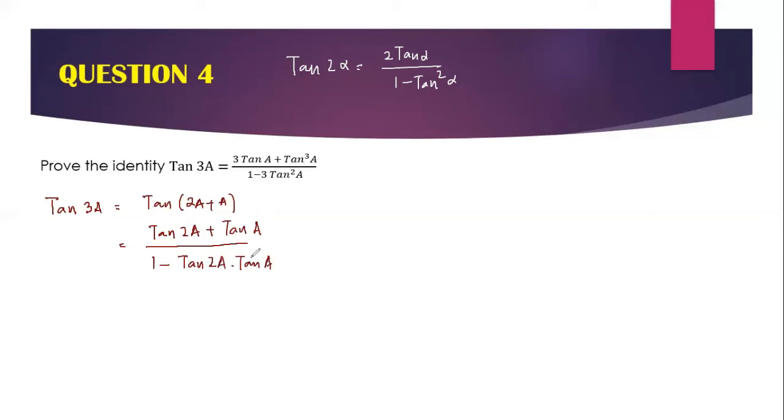Here is the formula, right? Actually tangent A plus B equals tangent A plus tangent B over 1 minus tangent A tangent B. Right. Go. So how this one? Okay, equal again.